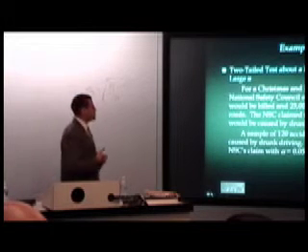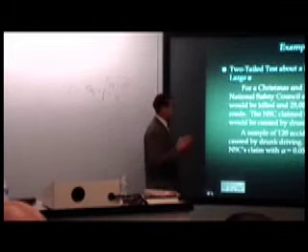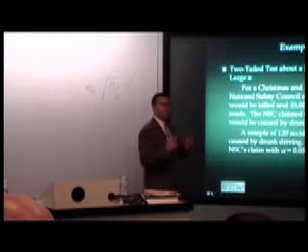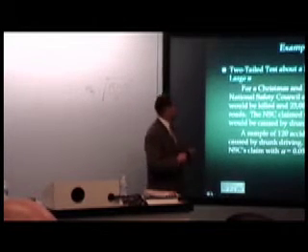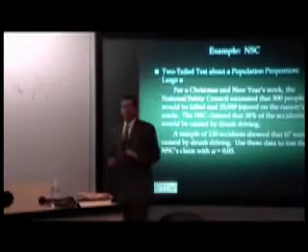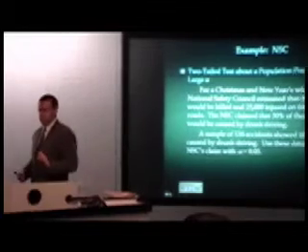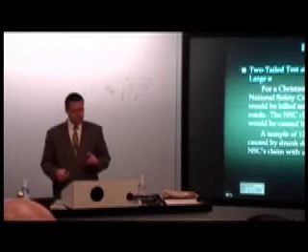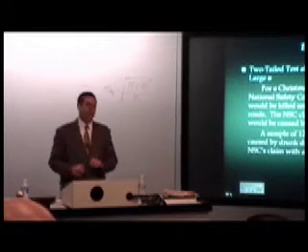But the question here is, is 67 enough of a surprise for us to conclude that the National Safety Council's claim that 50% of accidents are caused by drunk driving makes no sense? So, what is the appropriate null hypothesis in this case?